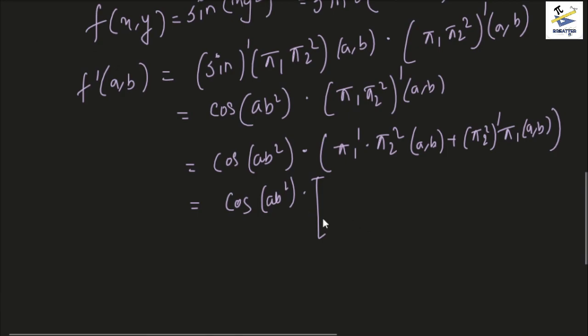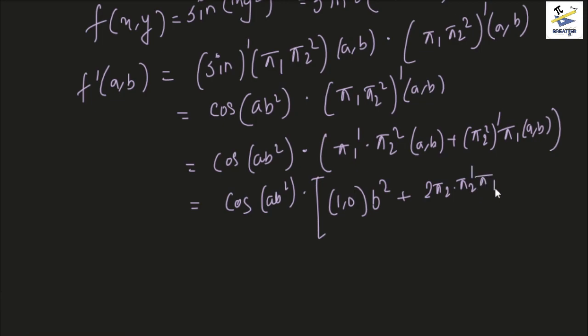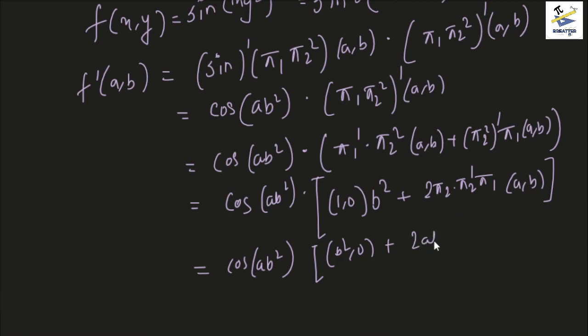So it's pi 1 prime, which is 1 comma 0, multiplied by pi 2 squared, which gives b squared, plus the derivative of pi 2 squared, which is 2 pi 2 into pi 2 prime, into pi 1 at a comma b. I'm going to do that in the next step. So this is cosine of a b squared times b squared comma 0, plus 2 pi 2 pi 1; on putting the values, you get 2ab, and pi 2 prime is simply 0 comma 1, right?